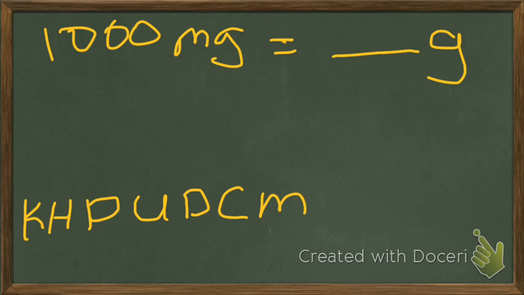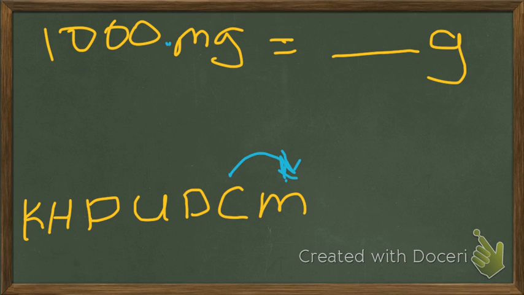So we're going from milligrams to grams. We're starting right here with 1,000 milligrams. Remember, your decimal point is right here at the end. And we're going to grams.